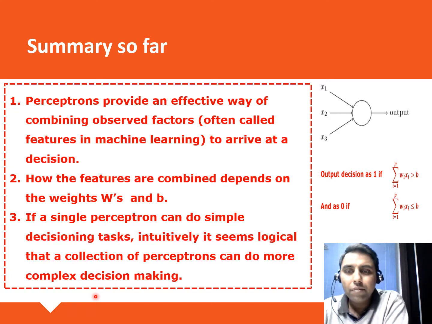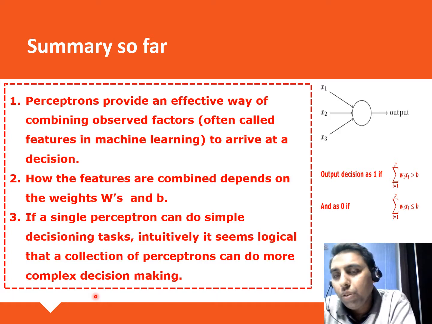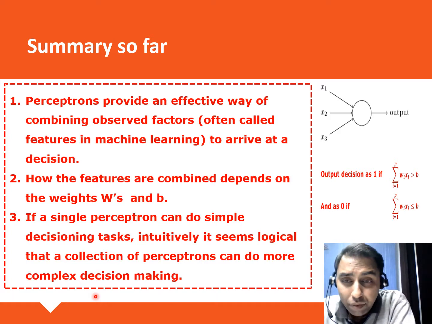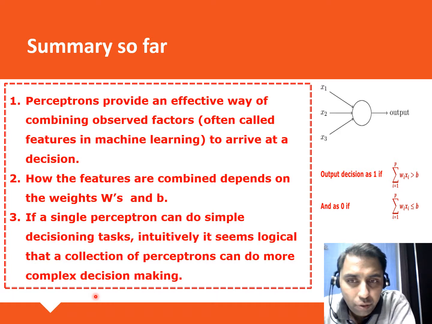We will see in the next video how these very simple looking perceptrons can be combined, and how this way of combining perceptrons eventually leads to the structure of the most basic form of neural networks.